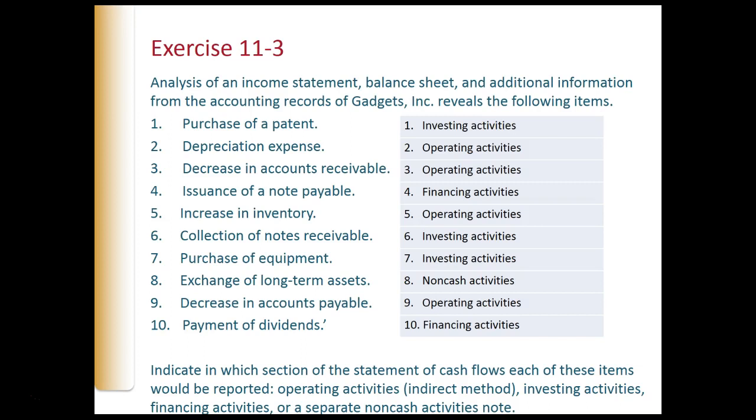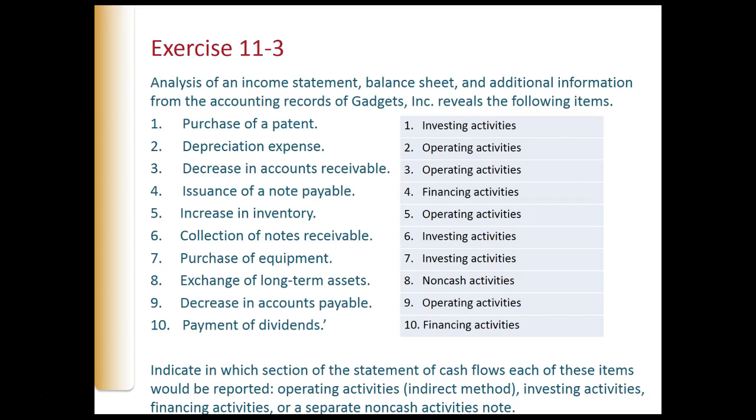Issuance of a notes payable will always be financing, a way in which they gather money for the company. Increase in inventory is operating. Collection of a notes receivable would be investing. Purchase of equipment, investing.